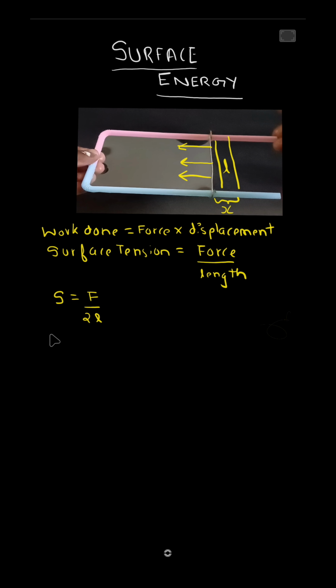Rearranging the equation, we get force equals surface tension into 2L. We multiply the equation by 2 because the soap film has two surfaces.